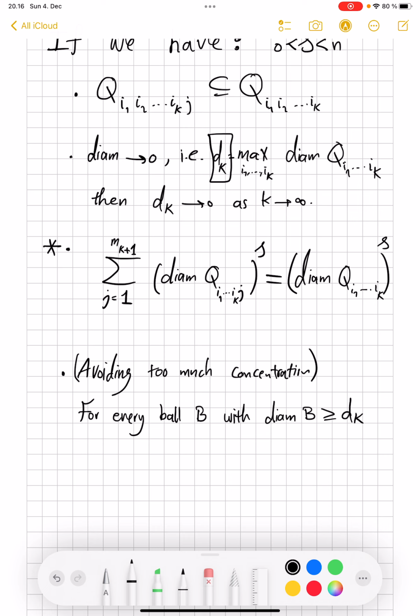So if you have a ball of at least that much diameter, that means you're looking at a scale of size d_k, then this diameter of B to power s dominates the summation of diameters of all level k cubes. So we have k indices, that means this is a cube of level k. Again, these we raise to power s.